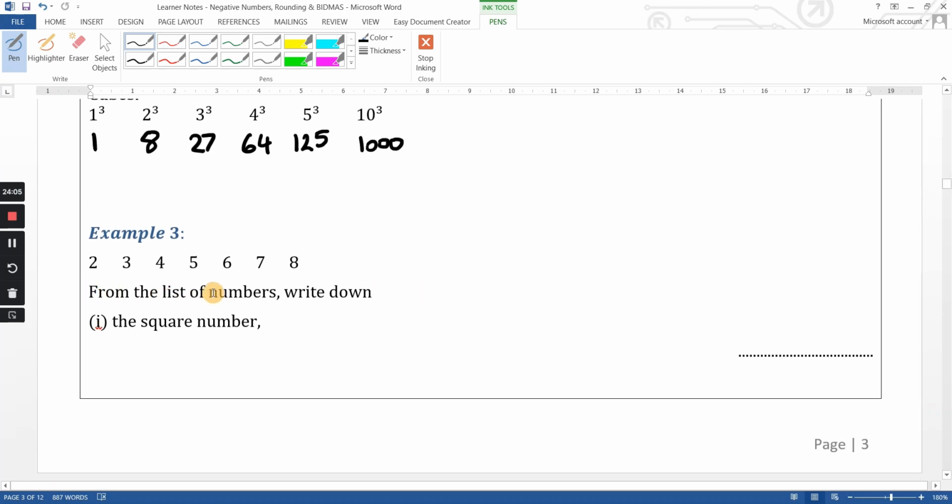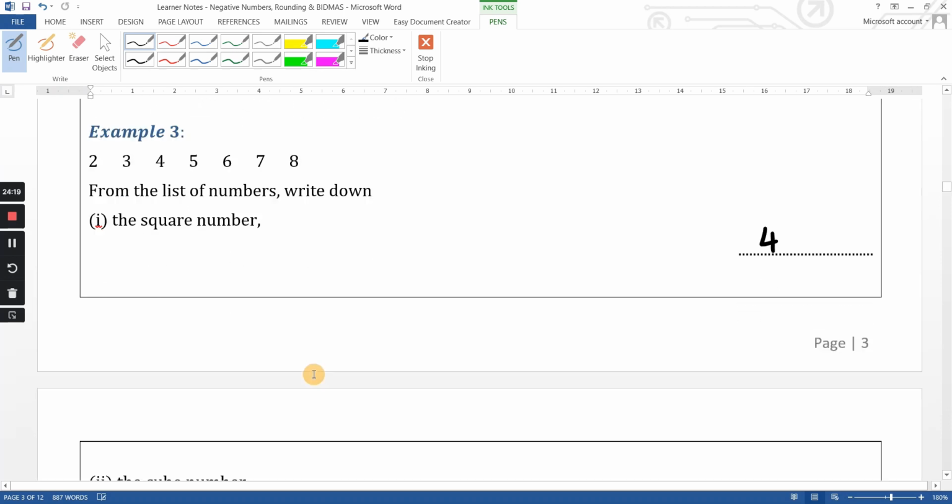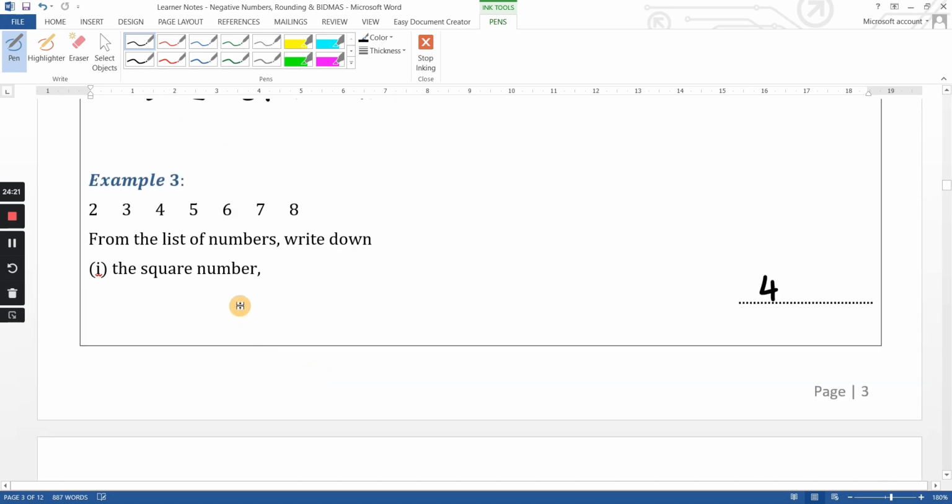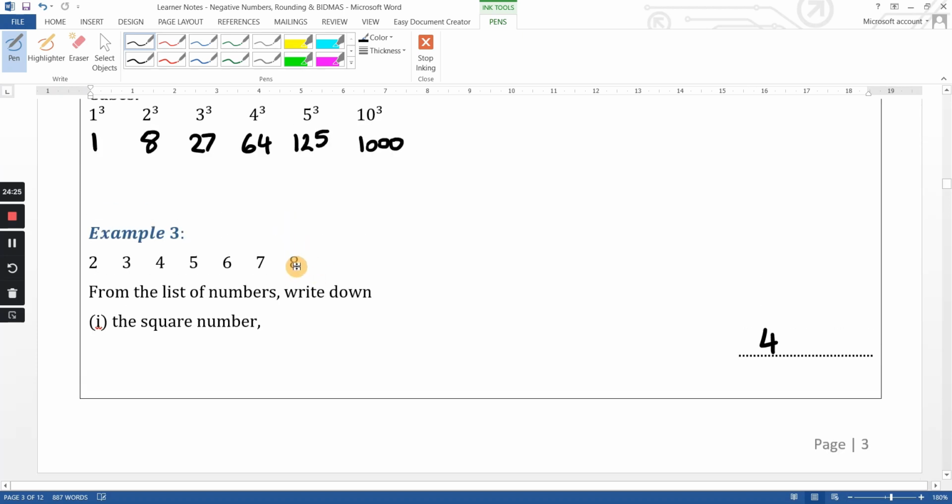From the list of numbers above, write down the square number. Well, the square number is 4, definitely. That's 2 squared. Any others? I can't see any others. No, that's it. The cube number is this one right here, number 8.